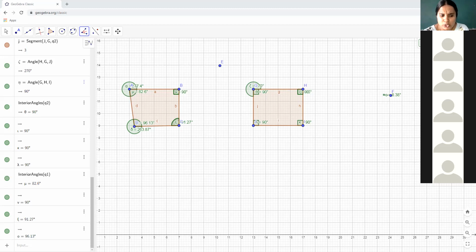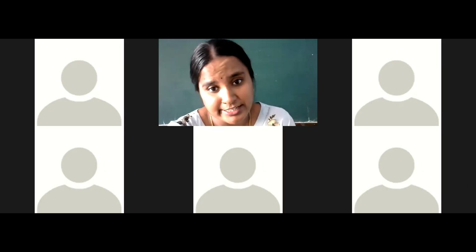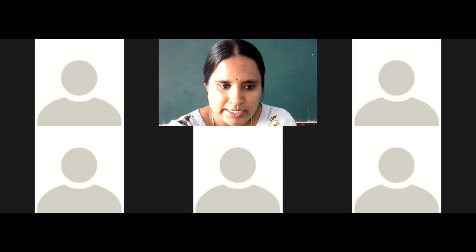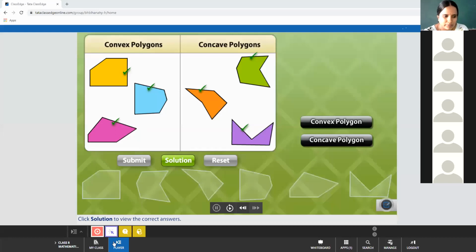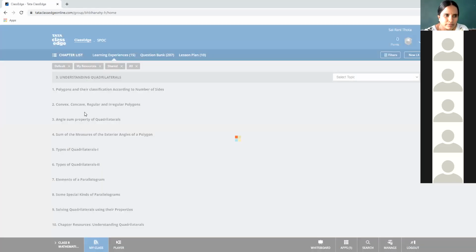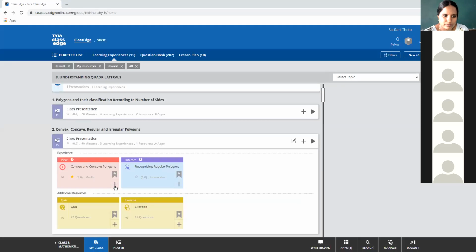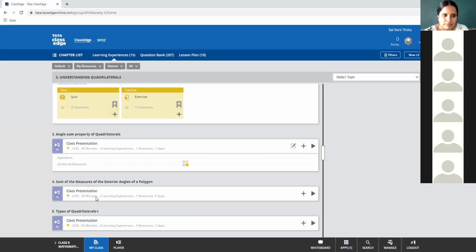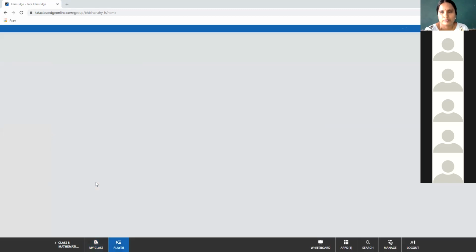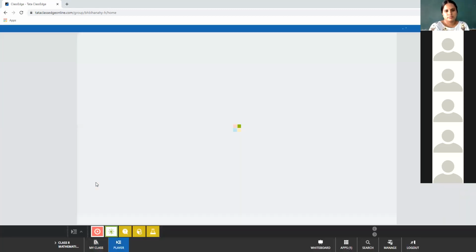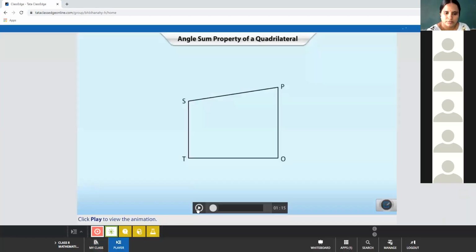So for everything there is a geometrical proof and also a theoretical proof, isn't it? Let us now go for the theoretical proof. Let us learn what the sum of angles of a quadrilateral is.